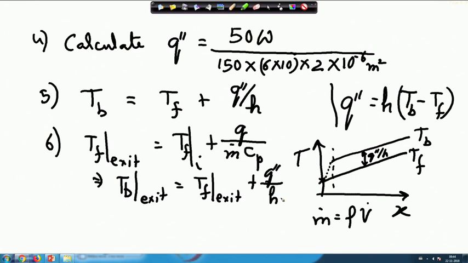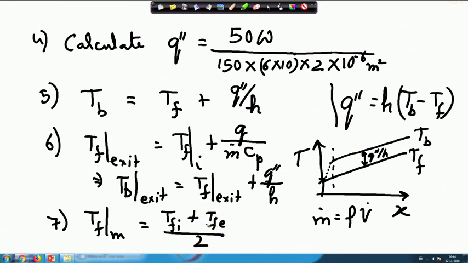Agree? The other thing you can do is, what is the mean temperature? T f mean is going to be T f inlet plus T f exit divided by 2, and therefore, T board mean is going to be T f mean plus q double prime over h.